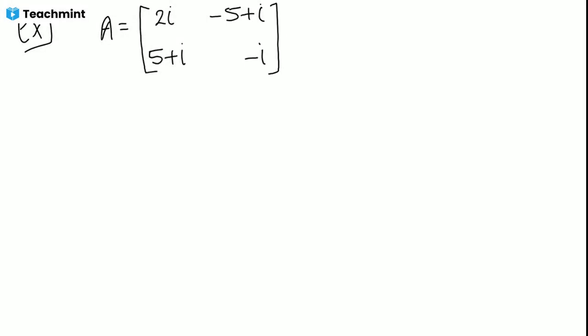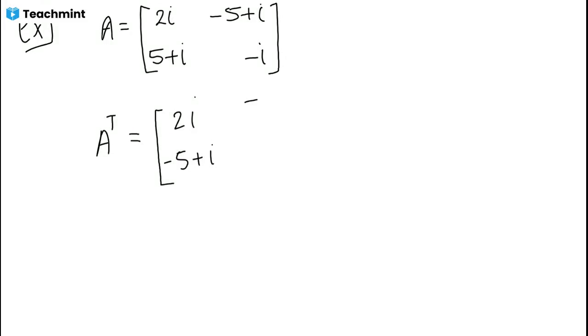We need to check if it is a skew Hermitian matrix or not. So let us first find the transpose. You know very well how to find transpose. Now let us find this A^H, the conjugate transpose.